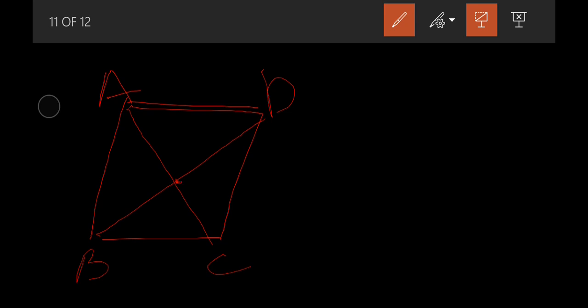AC and BD bisect each other, so the intersecting point of both diagonals is the midpoint of both diagonals.